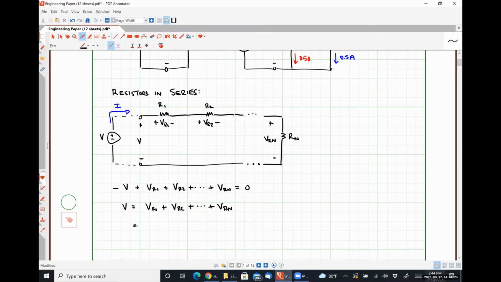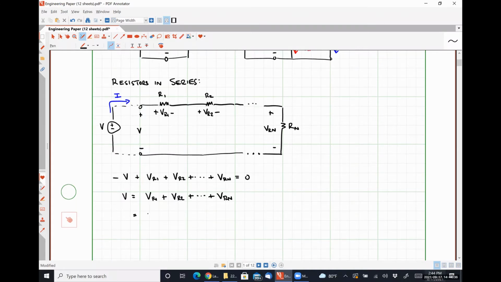And I can now use Ohm's law to express all of those resistor voltage drops in terms of that common current I, right? So using Ohm's law, this is going to become I multiplied by R1 plus I multiplied by R2 plus I multiplied by Rn.